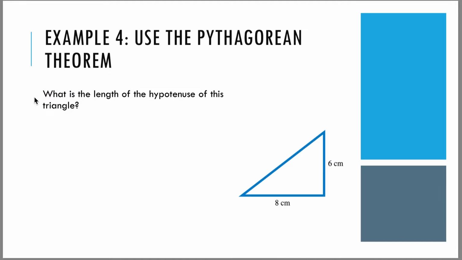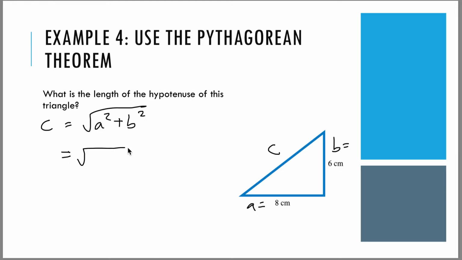Let's go ahead and use the Pythagorean theorem to find the length of the hypotenuse of this triangle. So if we call this A and this B, it doesn't matter which one's A or B, as long as it's not the hypotenuse, we call the hypotenuse C. Then we have the hypotenuse is the square root of A squared plus B squared, and this equals the square root of 8 squared plus 6 squared.